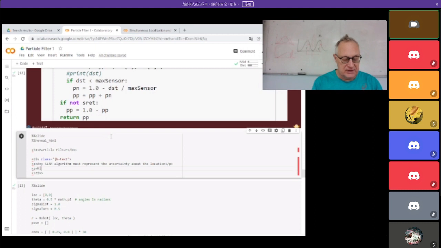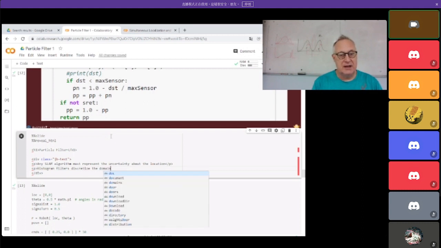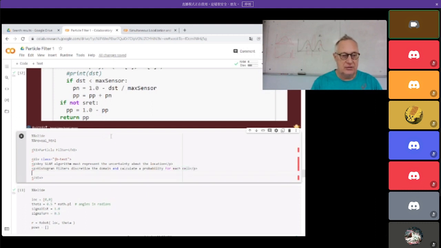Now histogram filters discretize the domain and calculate a probability for each cell, which is computationally not very efficient.